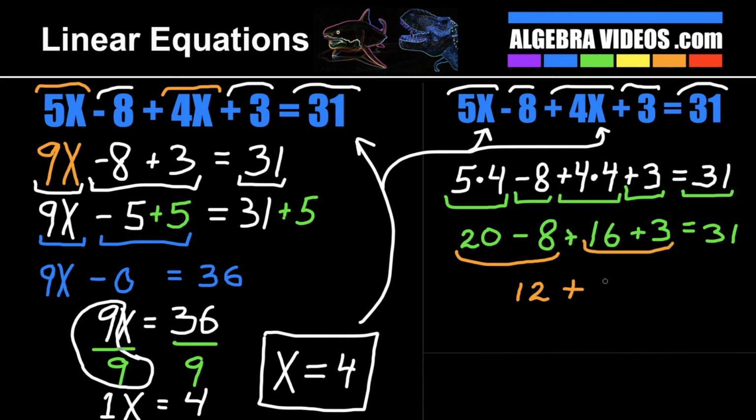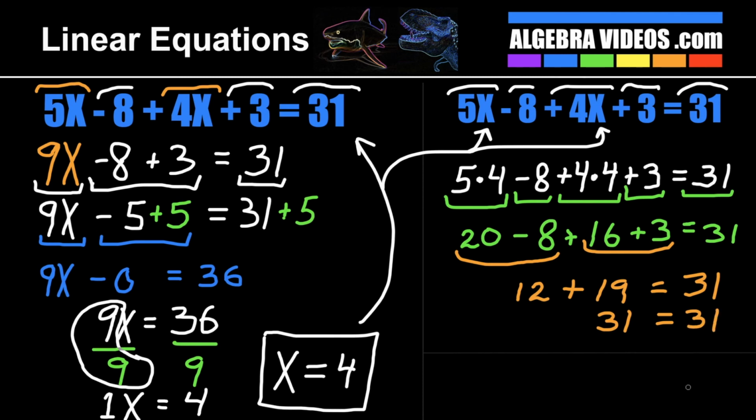What's 16 plus 3? 19. And that equals, on the right side, 31. No change there. And now we'll just simplify one more time. 12 plus 19. Well, if you do the math on that one, it's 31. And that equals, on the right side, bringing down 31.